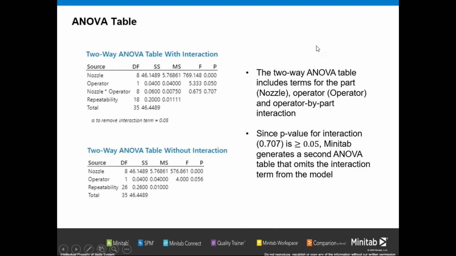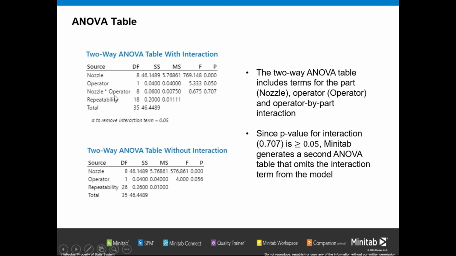Okay, so I go to the ANOVA table here. For information, Minitab will provide a second ANOVA without interaction. If you see that the nozzle interacts with the operator and the p-value is more than 0.05, we consider it not significant, so this interaction is not included in our model. The important terms in our model are then nozzle and operator only.